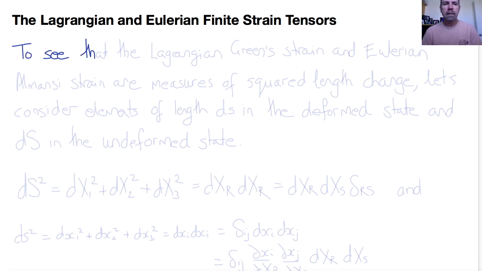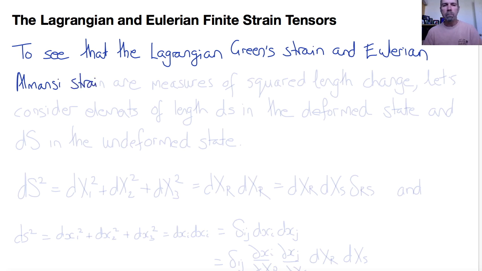But first let's demonstrate that, as we said last time, the Lagrangian Green strain and the Eulerian-Almansi strain are respectively Lagrangian and Eulerian measures of squared length change with respect to undeformed squared length.